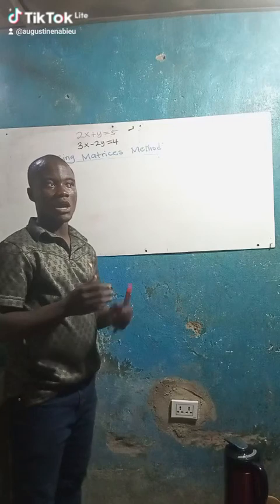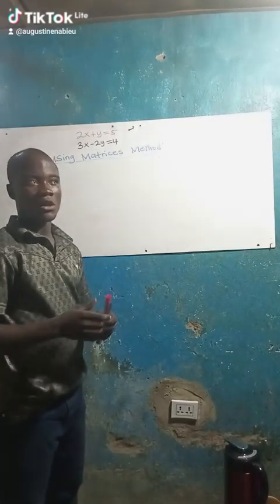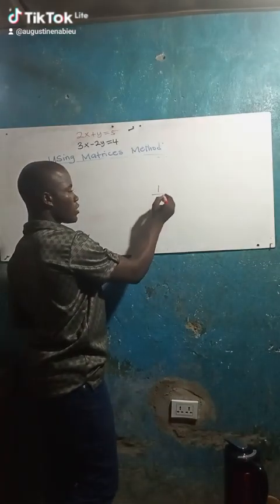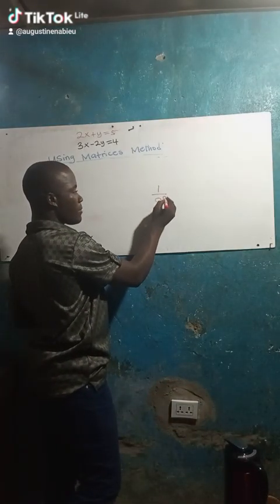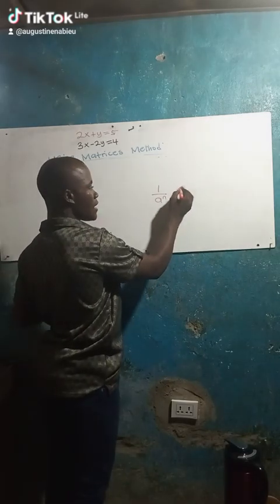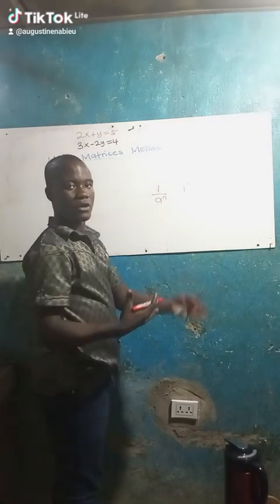Before proceeding to my presentation, I want us to take a look at a certain law of indices that states that 1 divided by a raised to the n power can also be written as a to the minus n, as an inverse form.